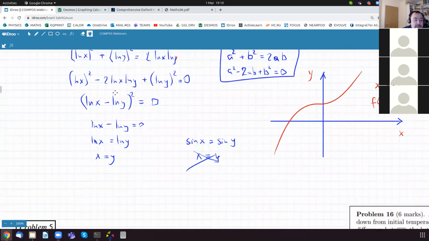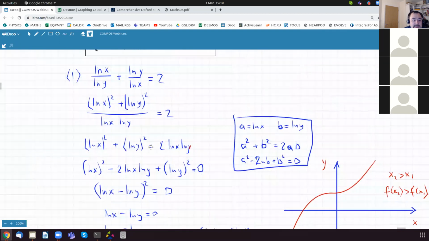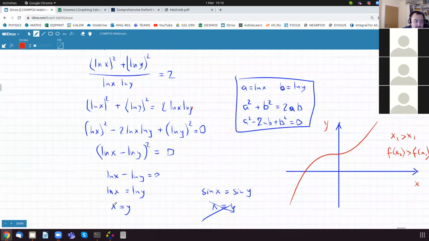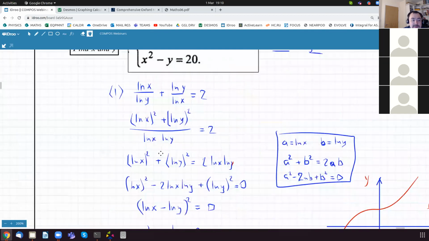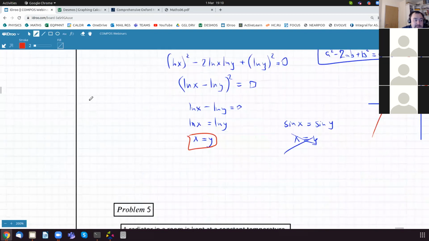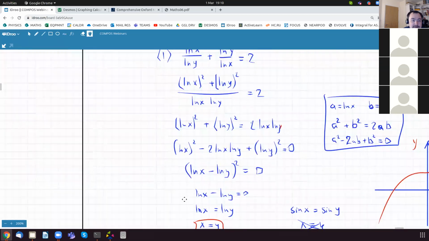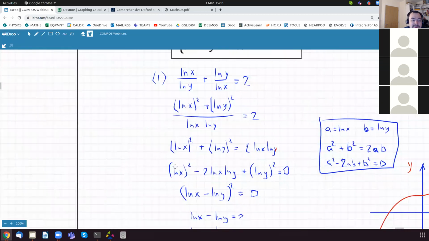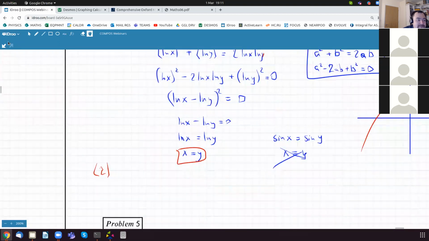So x is equal to y. This means that we can substitute that into the second equation. From the second equation, we get x squared minus y equals 20.